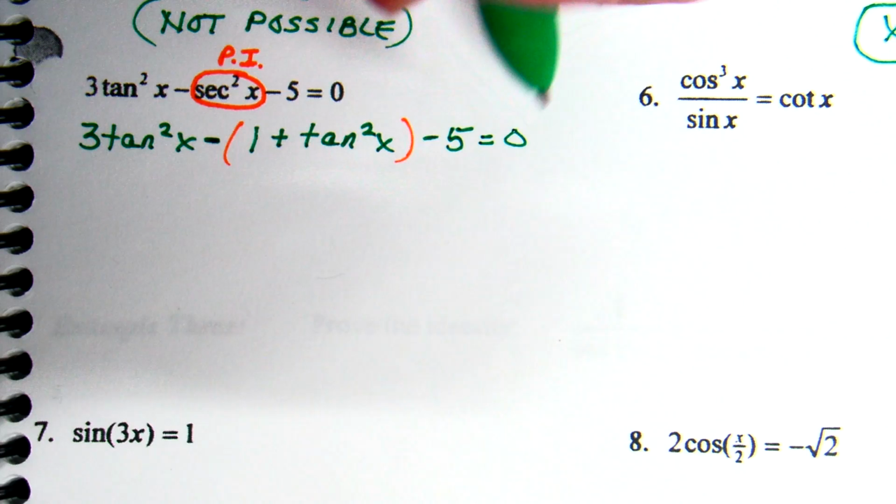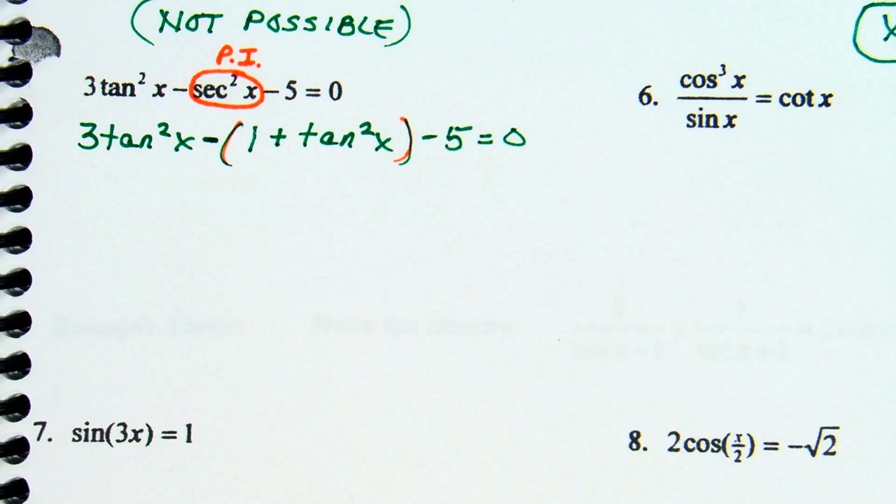Now notice, it was secant squared. I replaced it with 1 plus tangent squared. Notice I put that in parentheses. More than anything, I put in parentheses because it's being subtracted. So, when we subtract that, in other words, if I remove the parentheses here, and you guys saw what I did here, right?